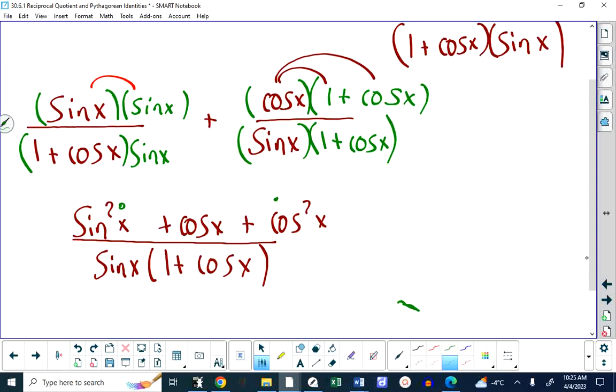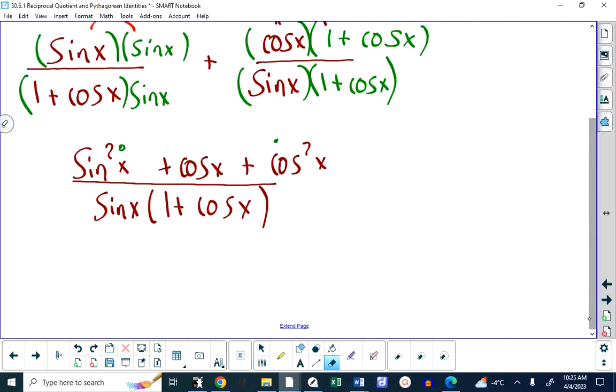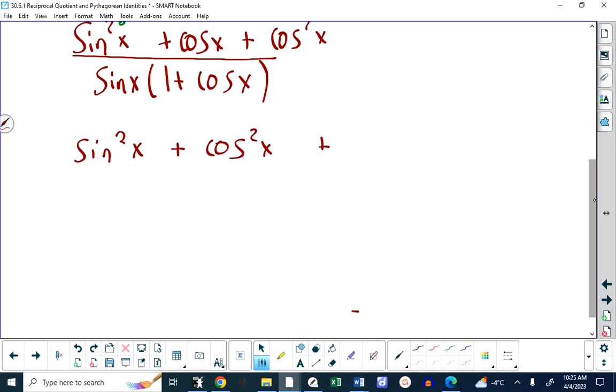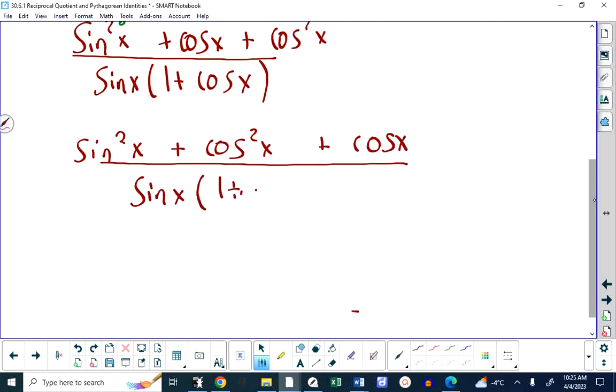I'm going to rewrite it. I don't think we really need to, but some people might benefit by rewriting this top as sine squared of x. By the way, was it x in the question or was it theta? It was x. Sometimes I'll switch variables. If I do, I apologize. Plus cos squared of x, and then plus cos of x, over sine of x times 1 plus cos of x.